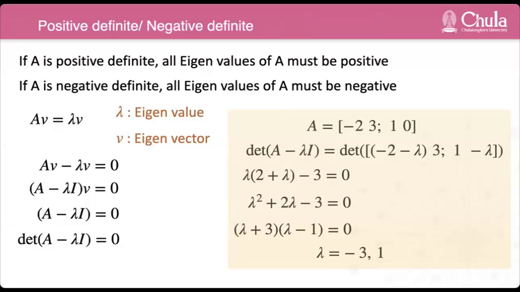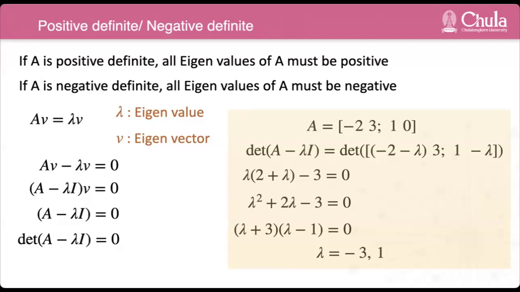So you do some mathematics here, okay? We got lambda is minus 3 and 1, okay? We have two eigenvalues in this case. The number of eigenvalues must always be equal to the dimension of A, okay?